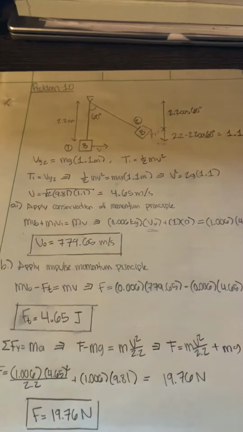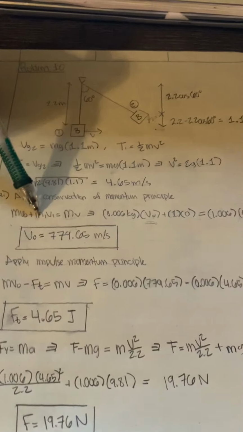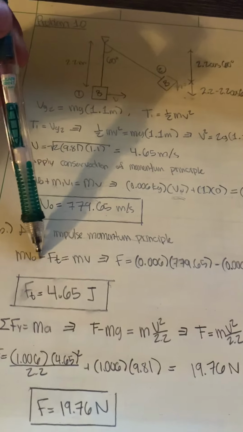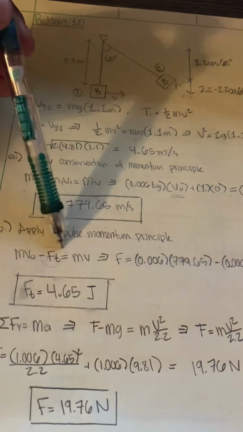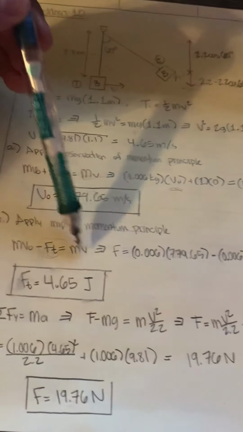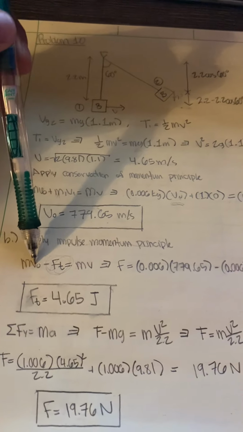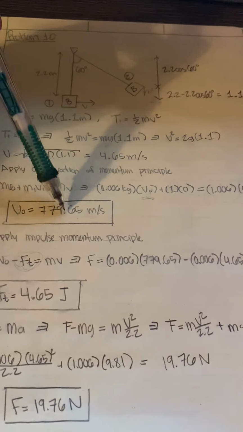And for this one right here, we apply the impulse-momentum principle to find the impulse imparted by the bullet. So this one uses the same thing. This right here is the mass of the bullet, and this right here is the initial velocity of the bullet, which we solved for earlier.